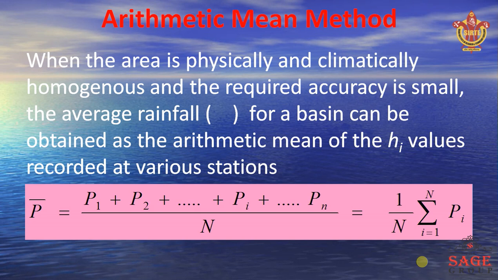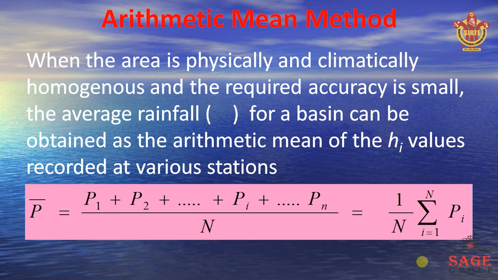When the area is physically and climatically homogeneous and the required accuracy is small, the average rainfall for a basin can be obtained as the arithmetic mean of the values recorded at the various stations. P bar is the mean precipitation, P1, P2, P3 are respectively the values at stations 1, 2, 3 and so on, and N is the number of stations. So here we get the arithmetic mean of that particular area.